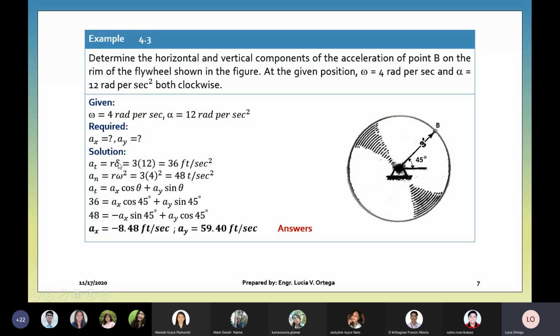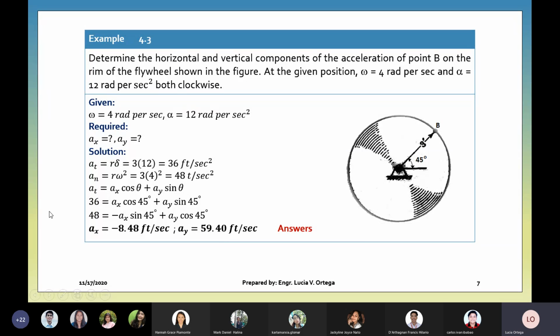Tangential acceleration is R times alpha. So that is 3 times 12, so 36 feet per second square. The normal acceleration is R omega square. So that is 3 times 4 square, so 48 feet per second square.